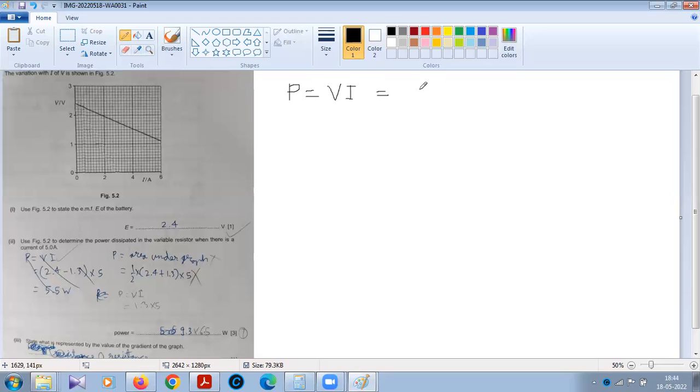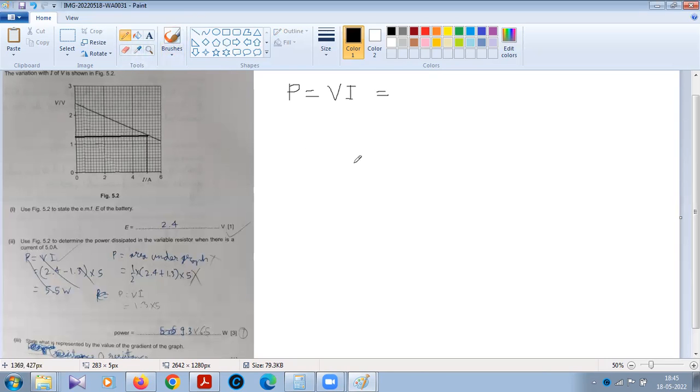So V, when I is equal to 5, you can find it out from the graph. When the current is 5, you have to draw another line where it cuts the graph. Wherever it cuts, that value of V you can take.